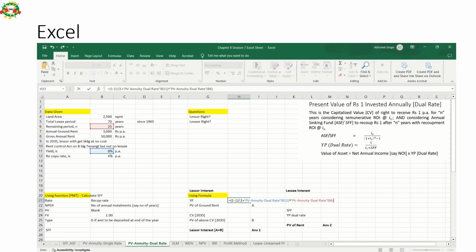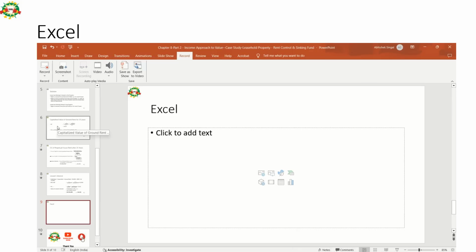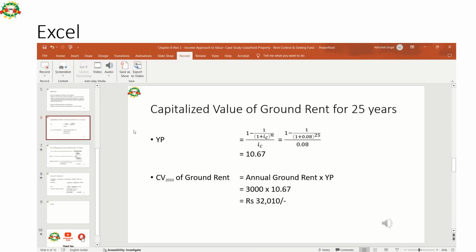Correct. Let us double check our formula, divided by IC.